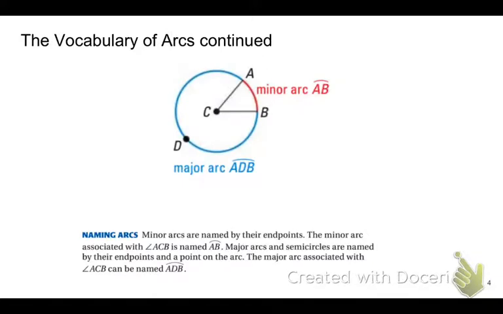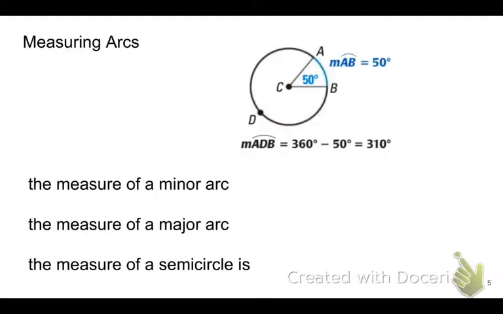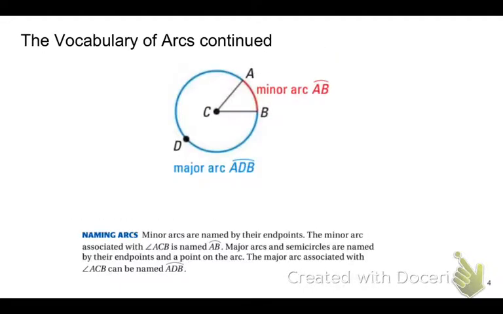So we're going to continue with our vocabulary of arcs. There are two kinds of arcs: major arcs and minor arcs. Minor arcs are less than 180 degrees, and we'll talk about what 180 degrees means in a minute.